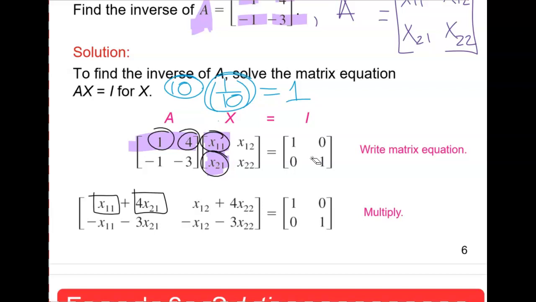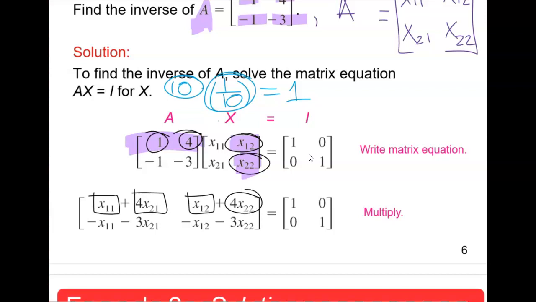Then we move on to first row, second column, and we have 1 times x12, so that is here, plus 4 times x22.